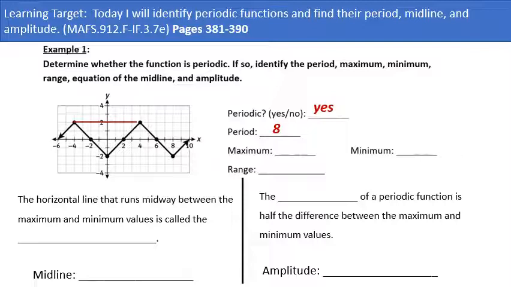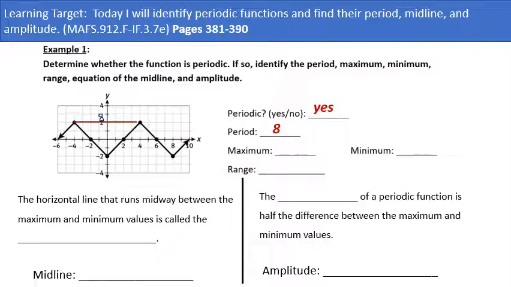The maximum height here is +2, but we're going to say the period is 8 because it starts at -4 and it ends at +4. If I were to count from -4 to +4, it would be a total of 8 units. So this distance here is 8, which is why my period is 8.